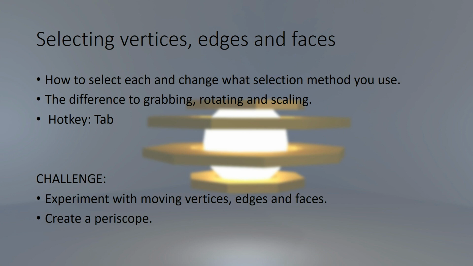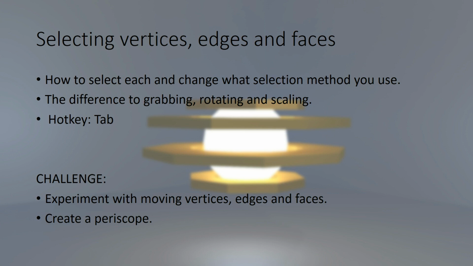So we're going to start this section by basically reviewing some of the fundamentals that we've already learned. We're going to be reminding ourselves how to select vertices, edges and faces. We're going to look at how we can select each of these and change what selection method you use.